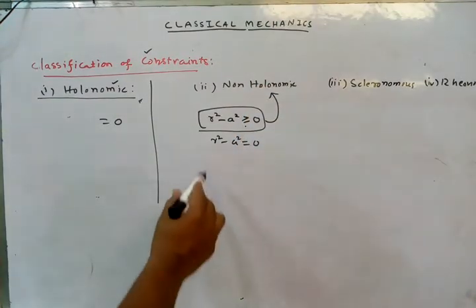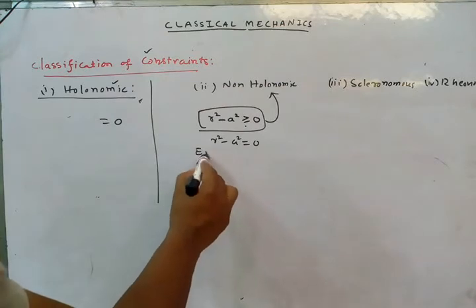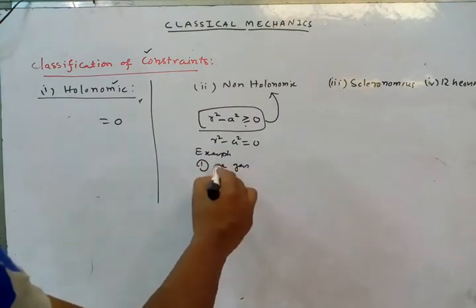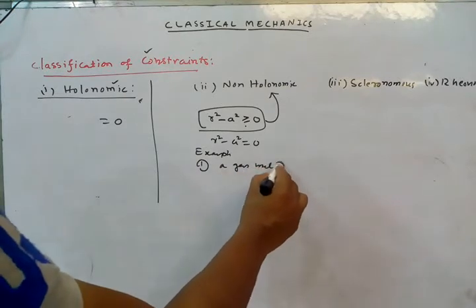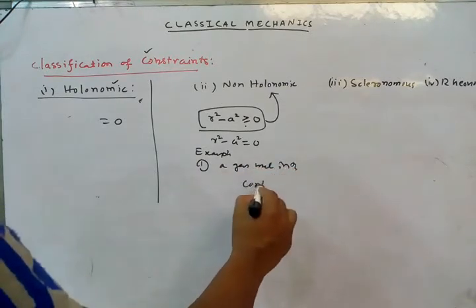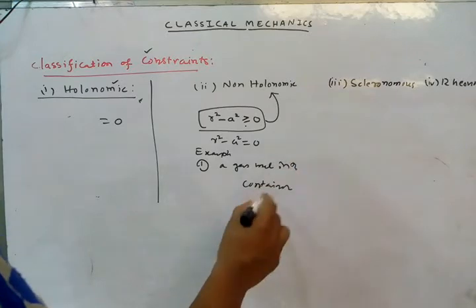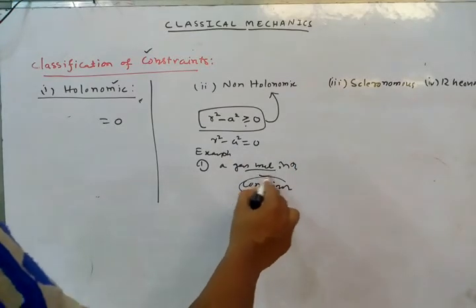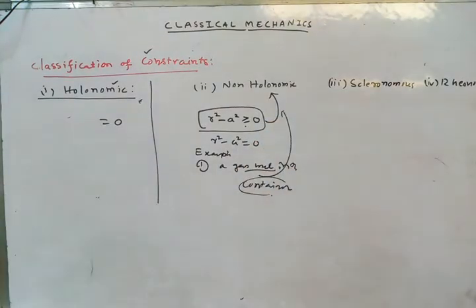See the examples for this one. First, a gas molecule in a container: any gas molecule in a container will come under non-holonomic constraints.